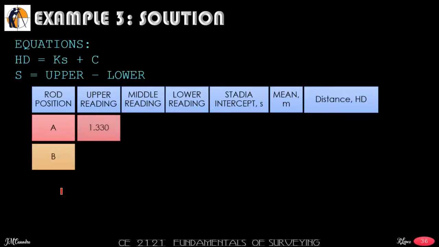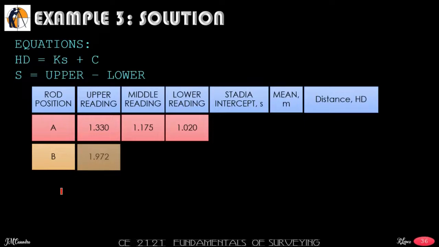And then we have 1.333 for the upper reading of A. Middle reading is 1.175. Lower reading is 1.02. And then for B, we'll have 1.977, 1.854, and 1.736.